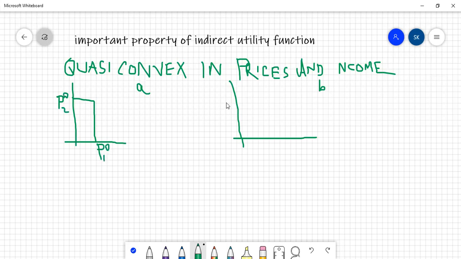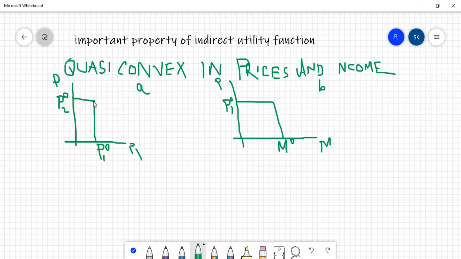And then the next thing over here on the x-axis is the money income, which is equal to M naught. Therefore, on the x-axis and y-axis we take the prices of both goods, price of good 2 and price of good 1, in panel A, whereas in the second panel, we have the money income on the x-axis and the price of good 1 on the y-axis.